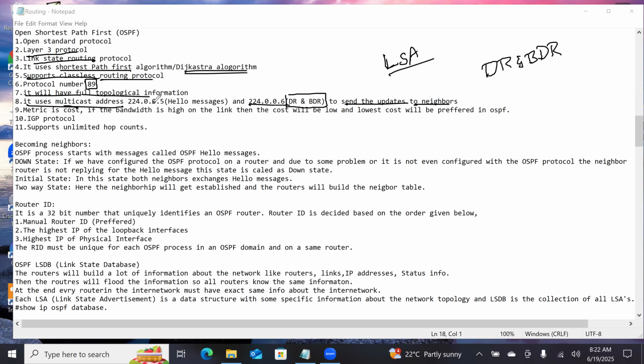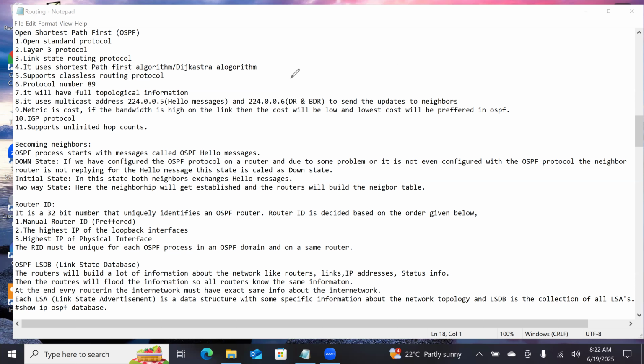Can you see the same here? 224.0.0.5, this is used for what? Hello messages, initially. And 224.0.0.6 is used by the DR and BDR routers to send updates to the DR other routers.